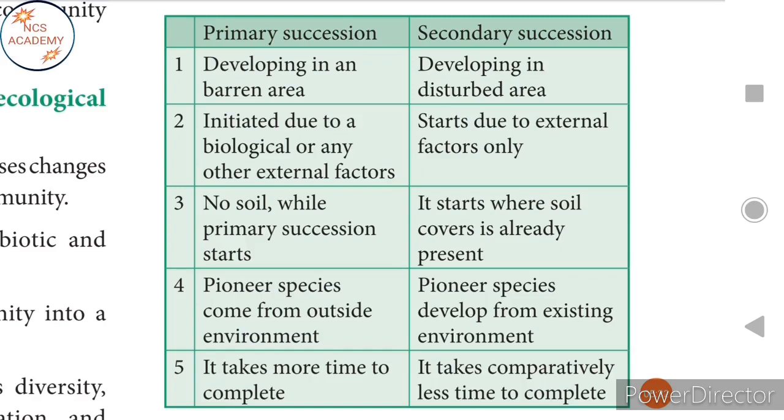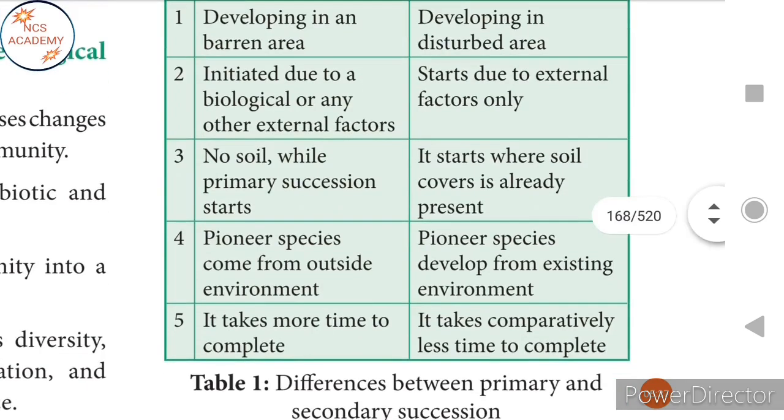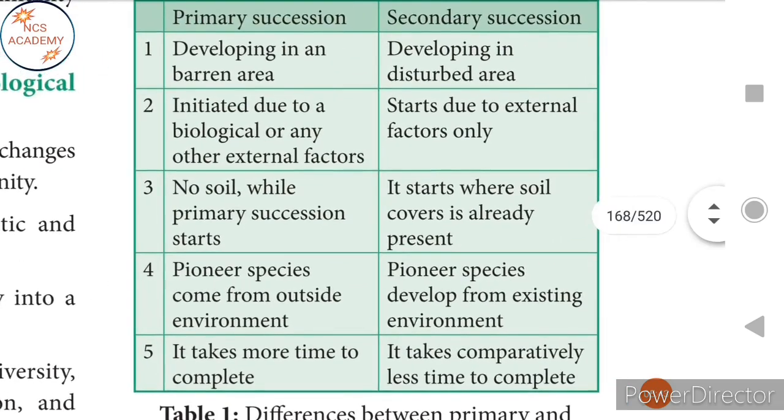Next, second point, initiation: primary succession starts due to biological or any other external factors, but here it starts due to external factors only. Under primary succession, there is no soil when it starts, but here it starts where soil cover is already present.